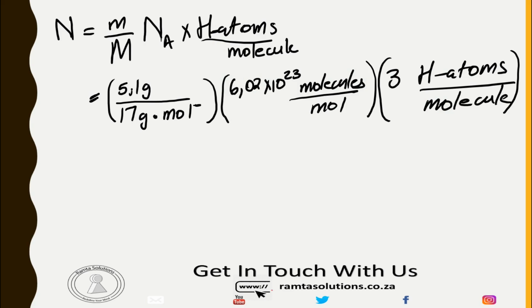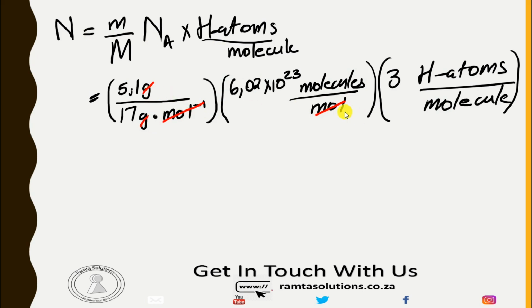I know when you look at this, you ask yourself, will they cancel? Yes, they will cancel. I'm going to show you how. Gram cancels with gram, per mole with mole. When bases are the same, you add exponents, so -1 plus 1 will be 0, so the moles are cancelling. Otherwise, this per mole is similar to writing gram mole over gram.